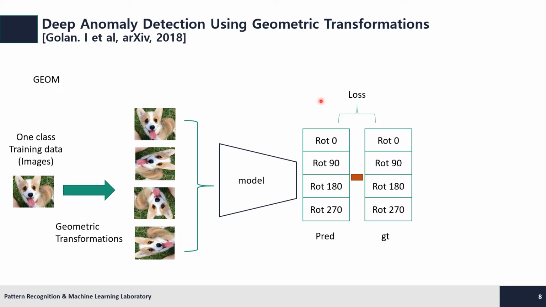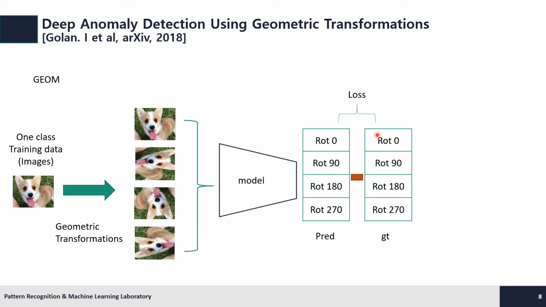Next, the related paper, GEOM, deep anomaly detection using geometric transformations, generates self-labeled data obtained through geometric transformation for one class, runs a typical classifier, and determines whether it is normal or abnormal from the classifier's score.